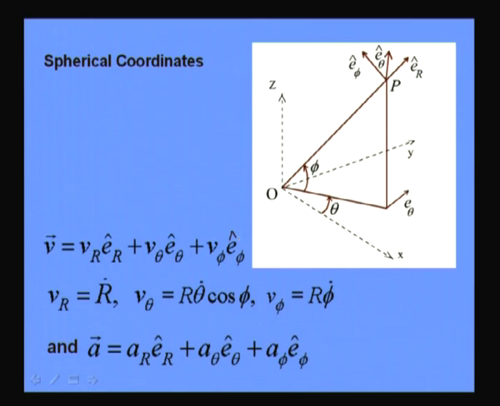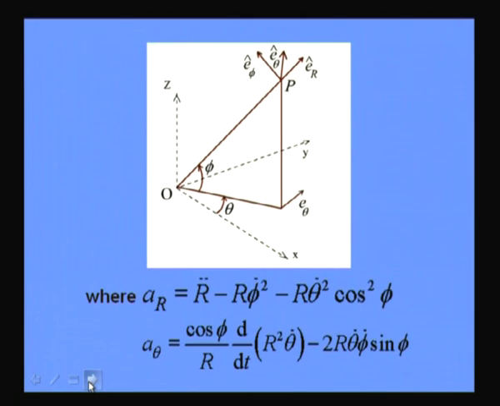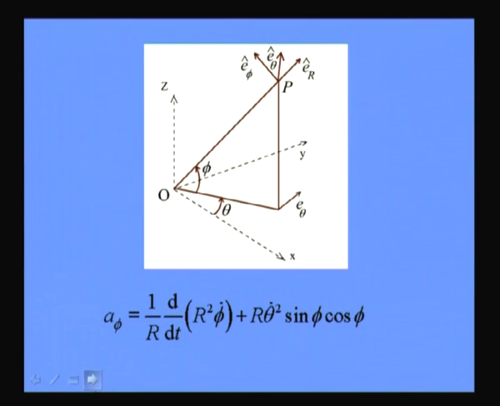a_theta e_theta plus a_phi e_phi, where a_R is equal to R double dot minus R phi dot square minus R theta dot square cos square phi, and a_theta is equal to cos phi by R d by dt of (R square theta dot) minus 2R theta dot phi dot sin phi. a_phi is given by 1 by R d by dt of (R square phi dot) plus R theta dot square sin phi cos phi.